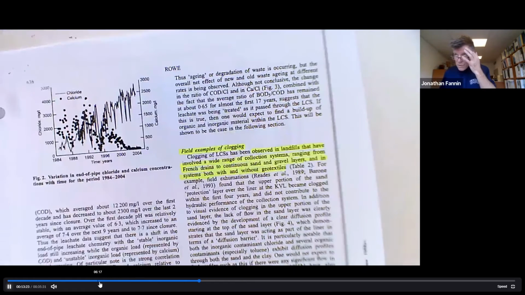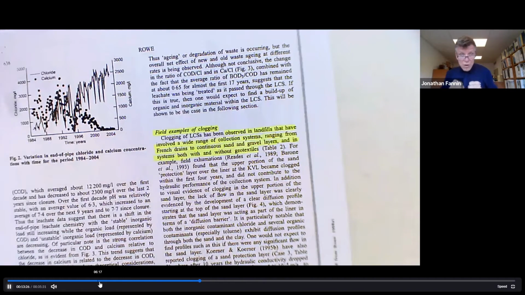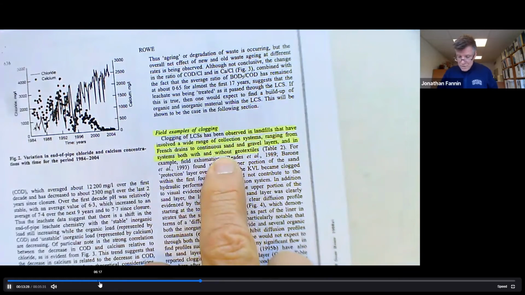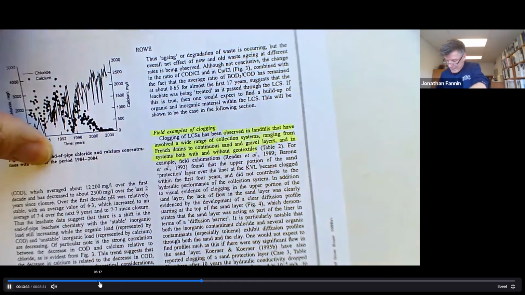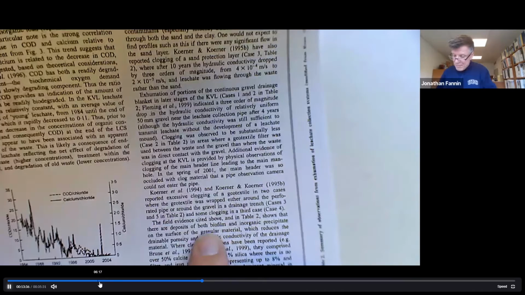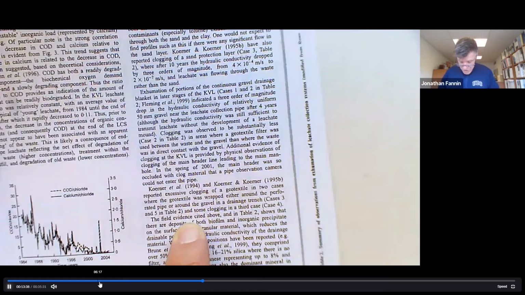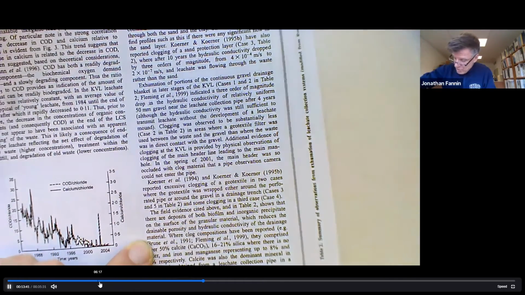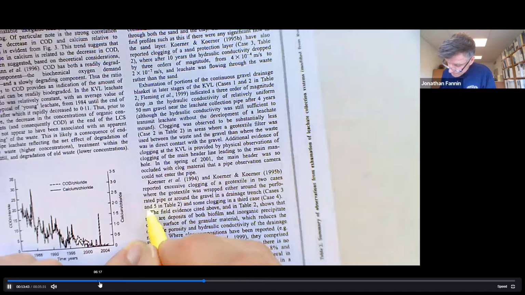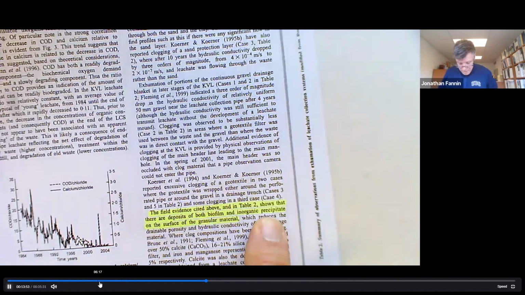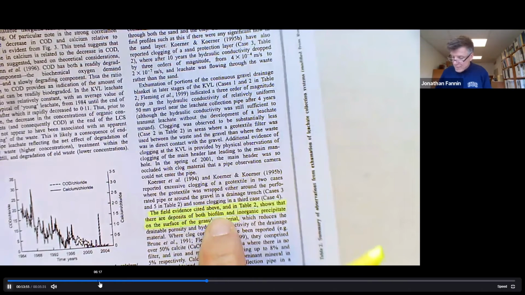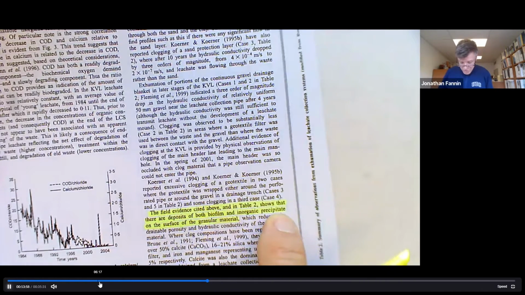Okay, so we've had an evolution in the geometry and an evolution in the materials from which it's built, and the field evidence in support of claims shows that when this clogging occurs, we have both biochemical and a growth of biofilm and also precipitation.